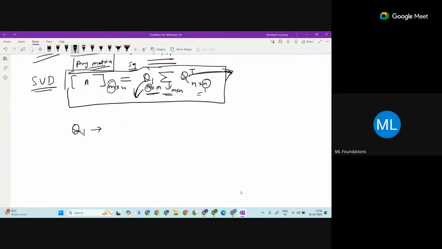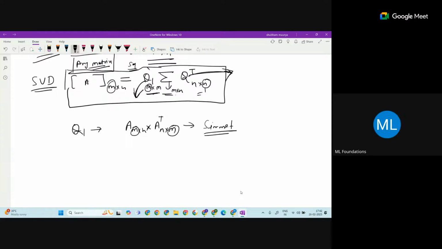If you have matrix A, which is of order M cross N, and you multiply it with its transpose, which is of order N cross M, the outer dimensions make the order M cross M. If you multiply these two, you will get a symmetric matrix.